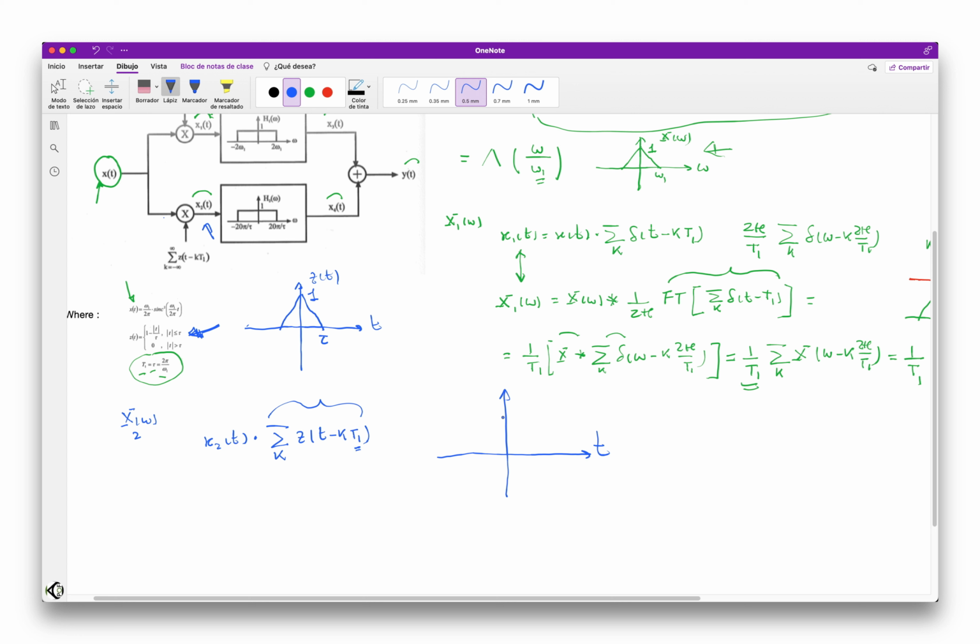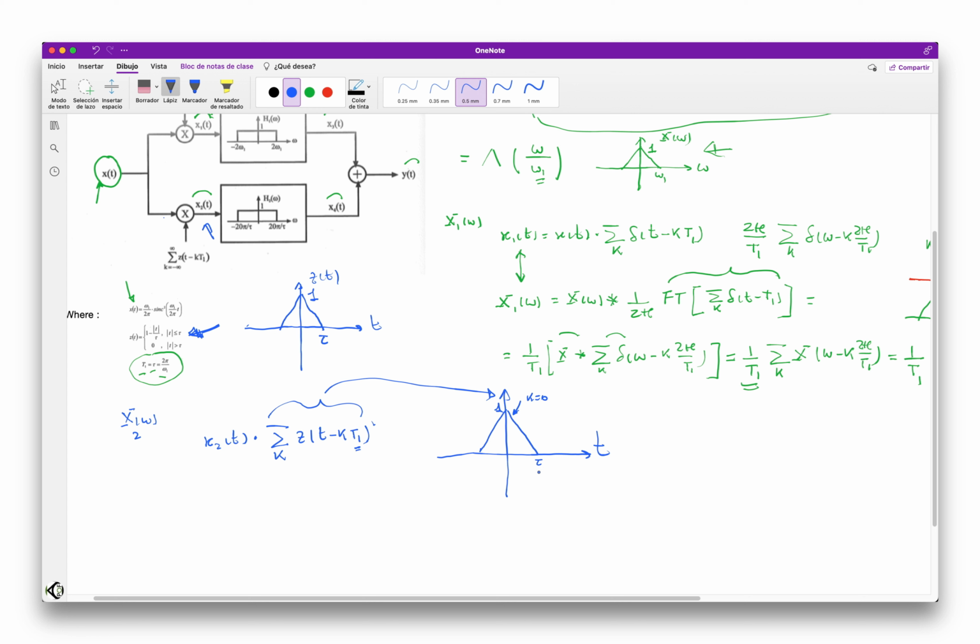For example, for k equal to 0, we will have this triangle, with this being tau. The next one will be displaced, for k equal to 1, capital T1 units to the right.